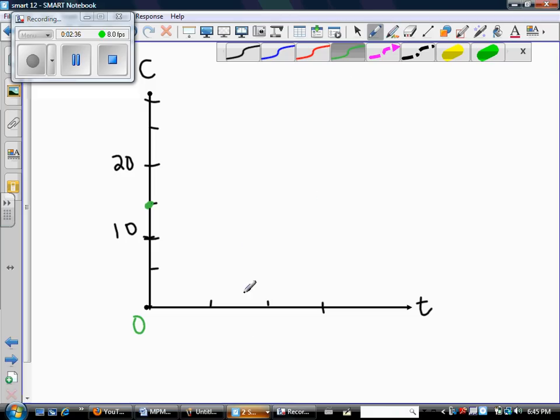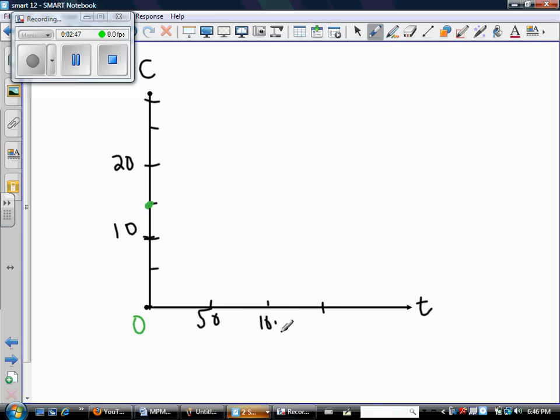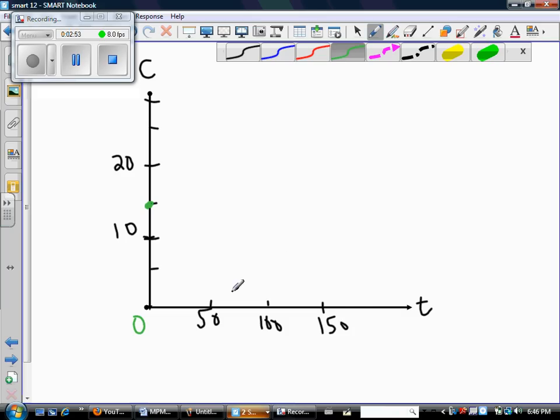It makes more sense to use numbers that are realistic and larger and then involve some sort of visible growth on this graph. So I'm going to talk about maybe 50 minutes and 100 minutes and 150 minutes. That is more reasonable for this question.